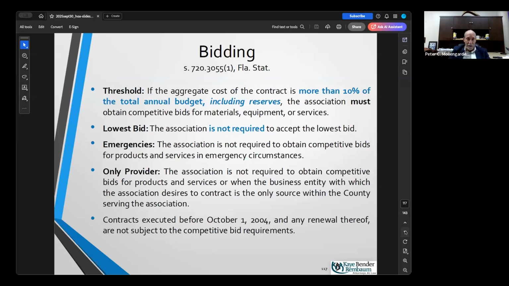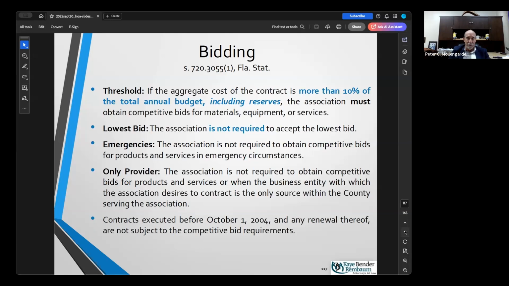You're not required to accept the lowest bid at all. You're not required to get bids if it's an emergency. Again, a bona fide emergency, not a made up emergency. You're not required to get bids if there's only one business entity in the county serving the association from which you can get that product or service.